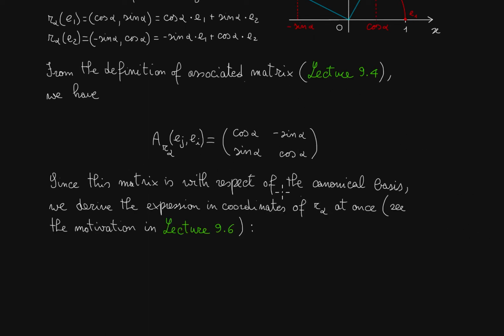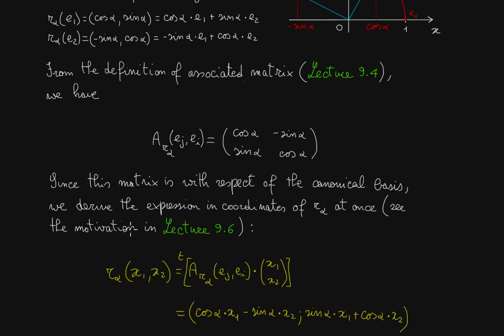Since the matrix is with respect to the canonical basis, both of the domain and codomain, we derive the expression in coordinates of R alpha at once. See the motivation in lecture 9.6. R alpha, acting on a generic vector (x1, x2) in the domain, equals the multiplication of (x1, x2) written as a column vector on the left by the associated matrix, and then transpose again the column vector that we obtain.